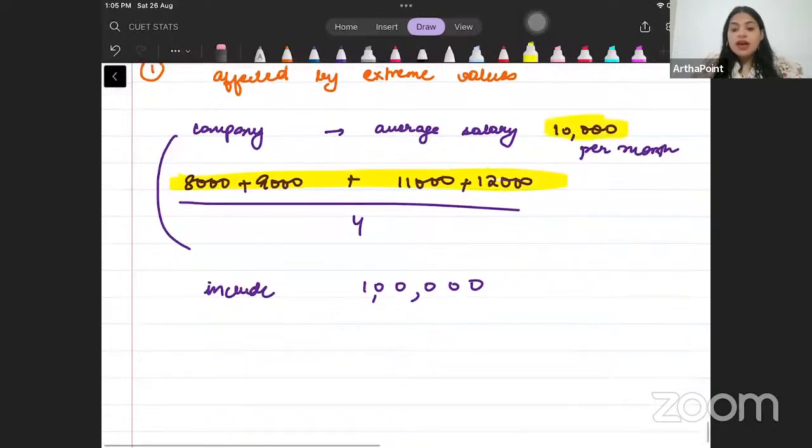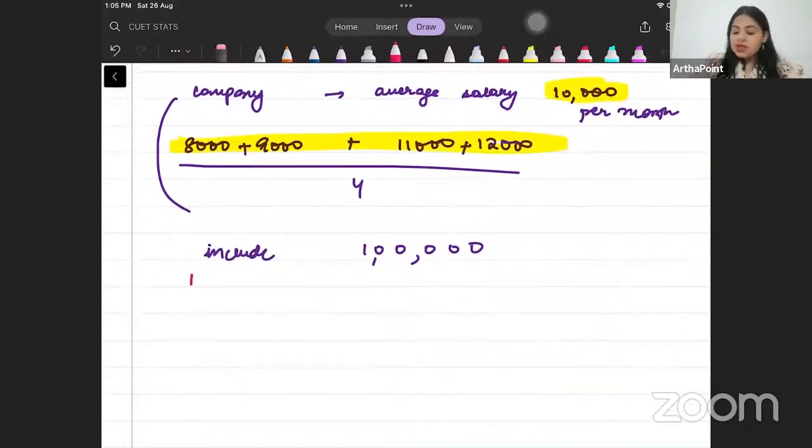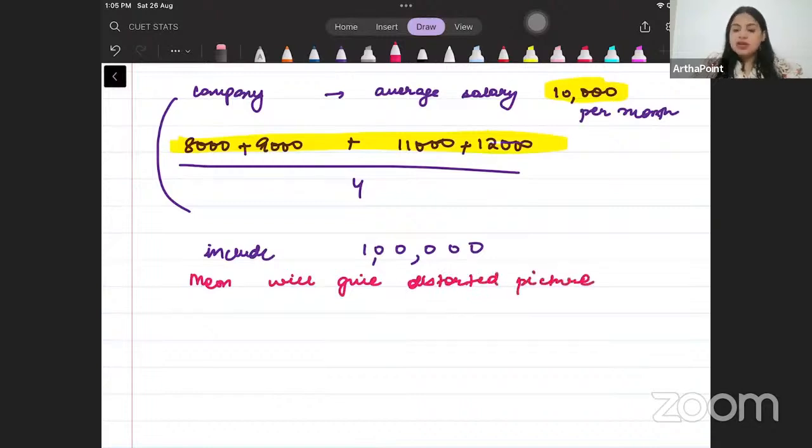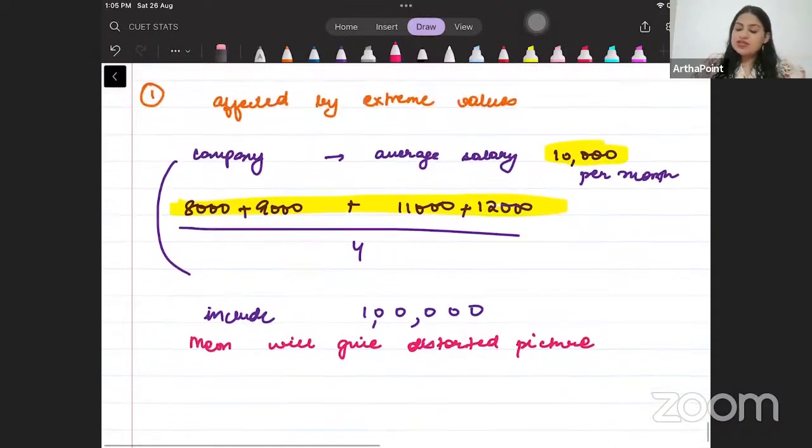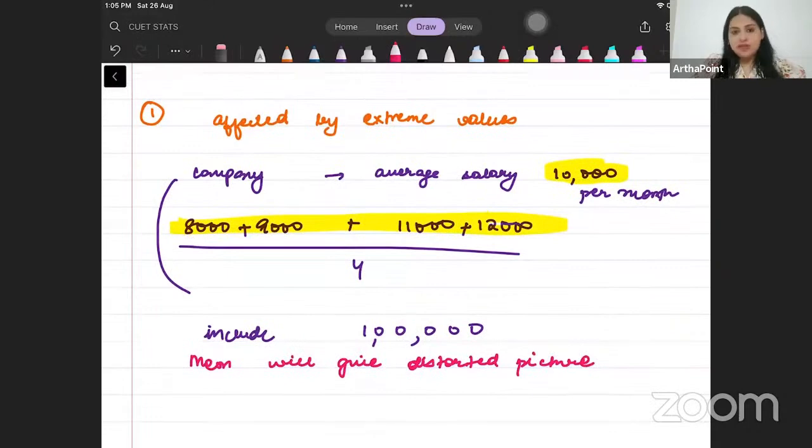So the mean will give a distorted, wrong picture. It will show as if everybody is earning well, but everybody is not earning well. Because of one person, everybody's money looks high, although it is not. That's the first issue with the mean.